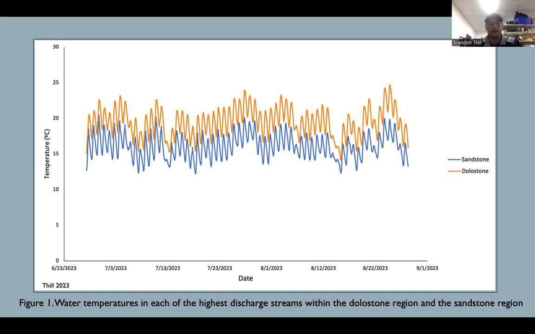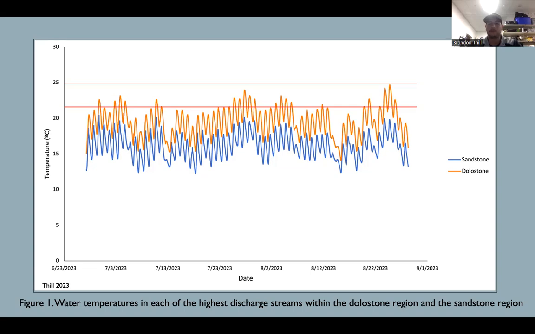What we can see right away here is we hardly have any overlap between our sandstone and dolostone streams. So ultimately, that sandstone stream is remaining colder than the dolostone. And what I can do is add that 22-degree threshold and that 25-degree max limit.